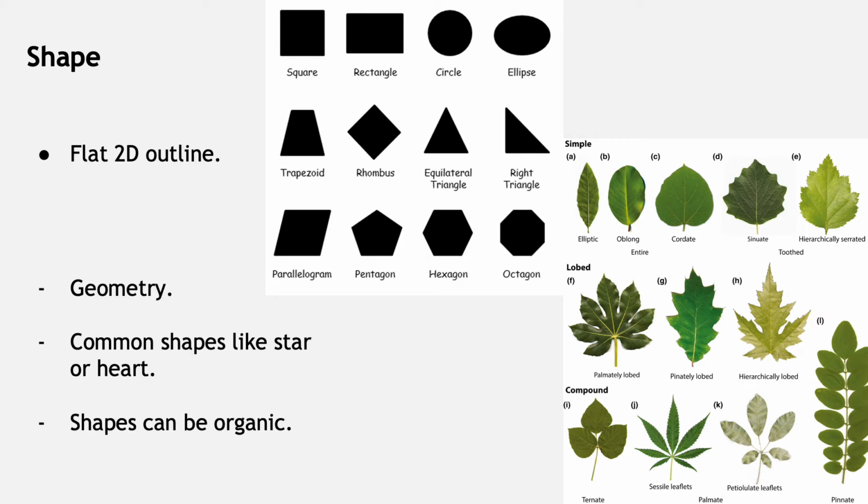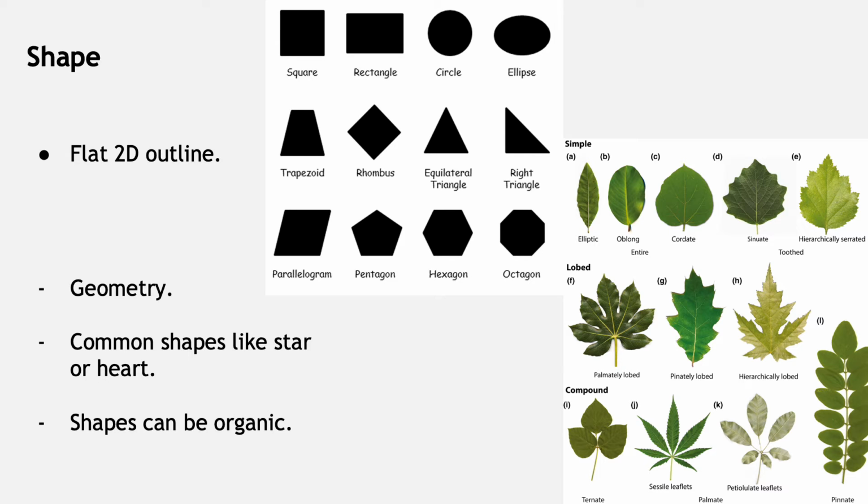The second element is shape. And my definition of this is a flat 2D outline. So when we think about shape, the first thing that probably comes to our mind is geometry or geometric shapes such as a square, circle, or octagon. Or maybe it's other kinds of common shapes like a star or a heart.